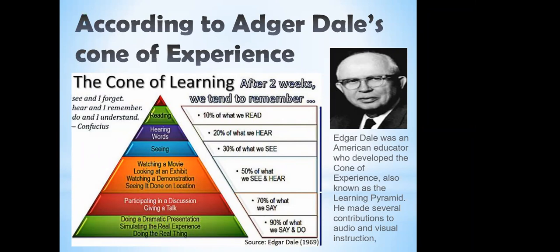When we watch a movie, look at an exhibit, or see something done on location, we remember 50%. And we remember 70% of what we say, like what we speak, communicate, present, and discuss, and then 90% of what we say and do, like presentation and what we do. So this shows how much we can learn and how much we can understand.